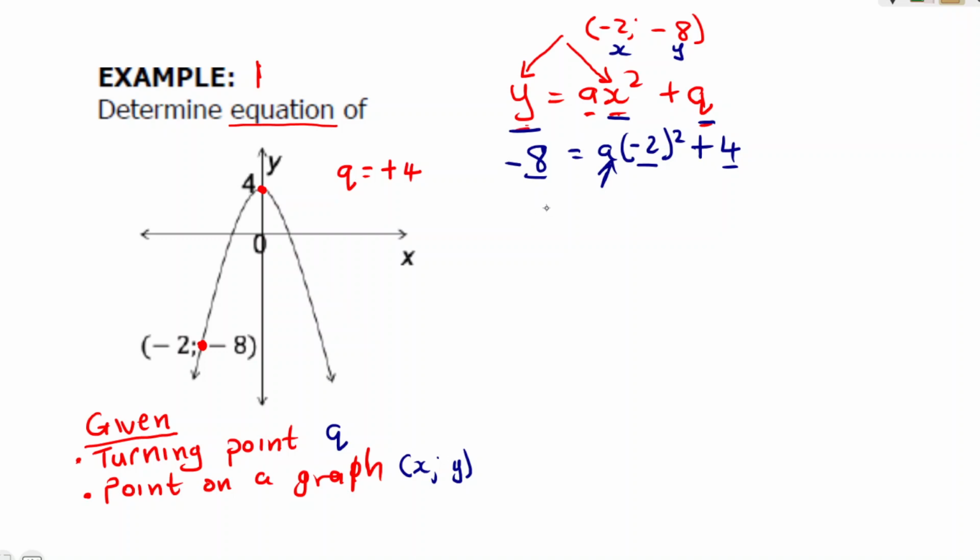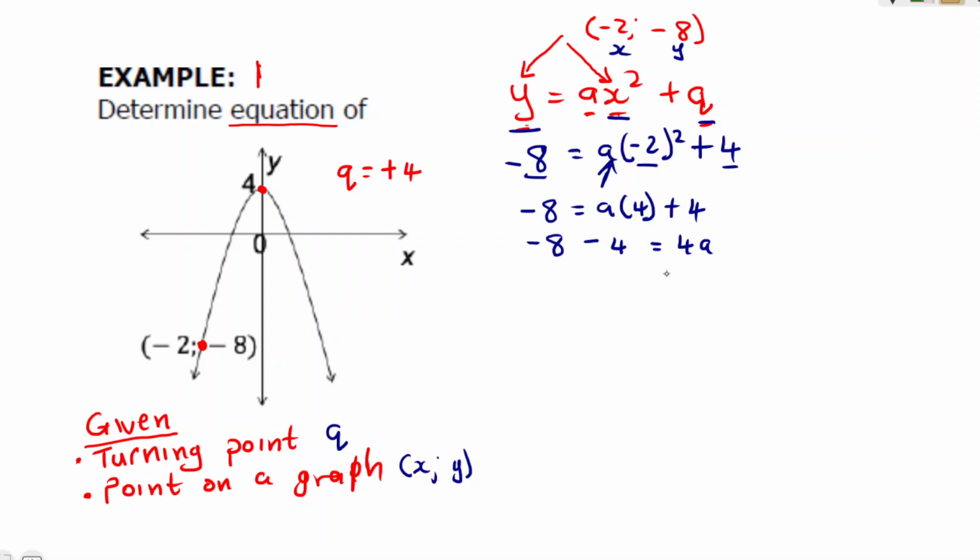So now we're going to say, okay, we have -8 equals -2, you square it, it's going to be a positive 4. So we're going to say plus 4. Let's take that 4 to the other side. So we have -8 minus 4 equals a times 4, that is 4a. We have to add these two like terms, -8 and -4.